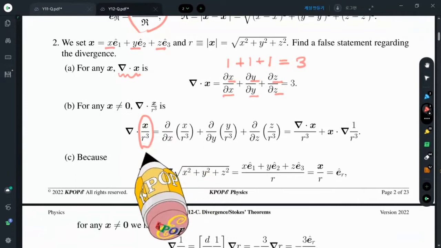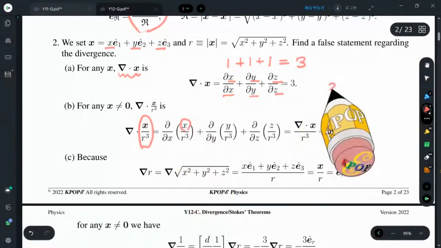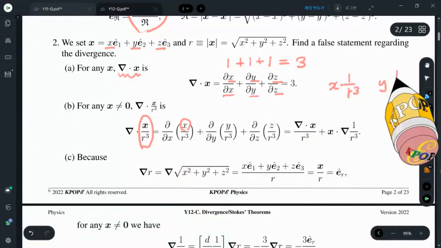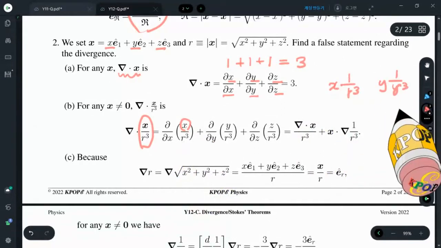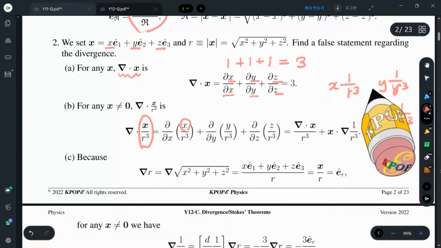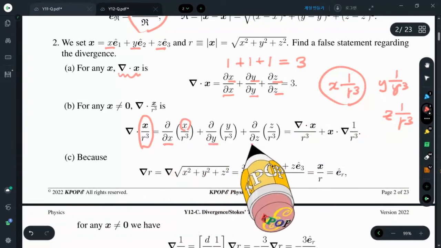The divergence of this one can be computed because it is a product of x times 1 over r cubed, y times 1 over r cubed, and z times 1 over r cubed. So for the product functions, derivative x, derivative y, derivative z.